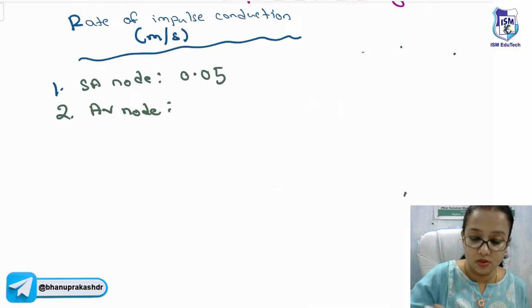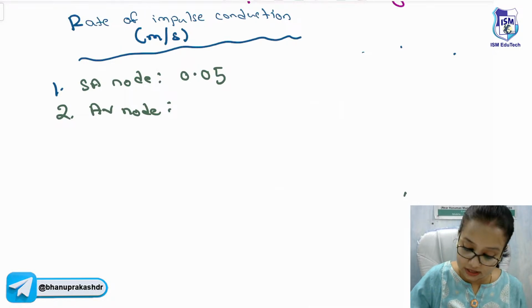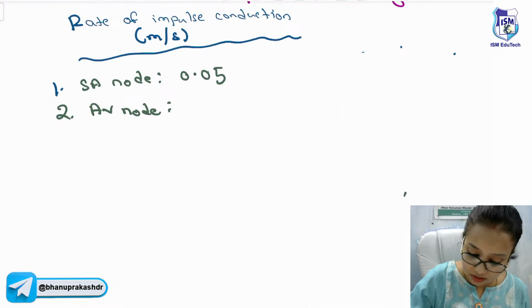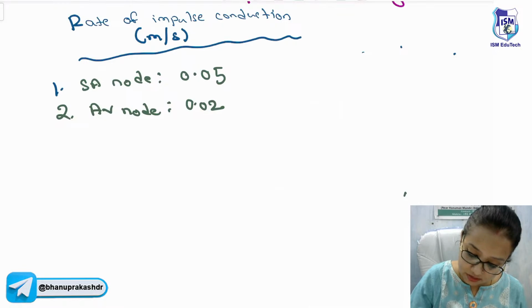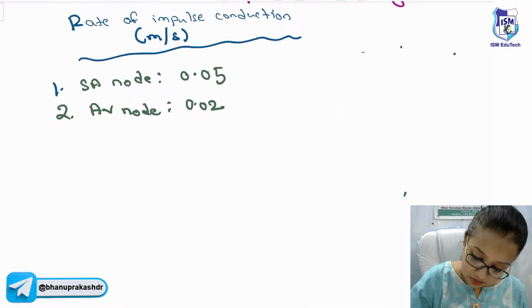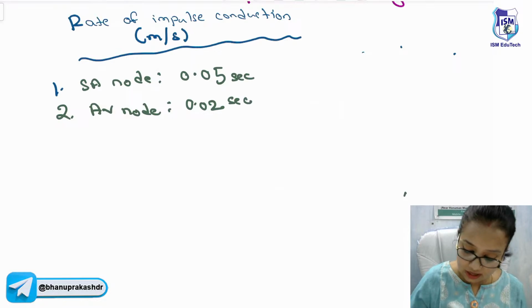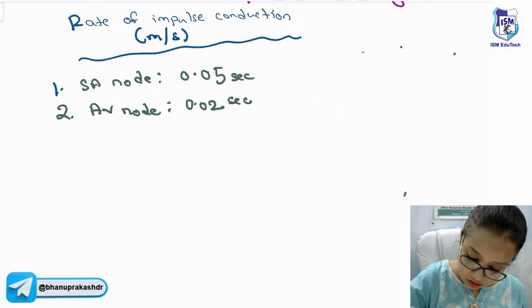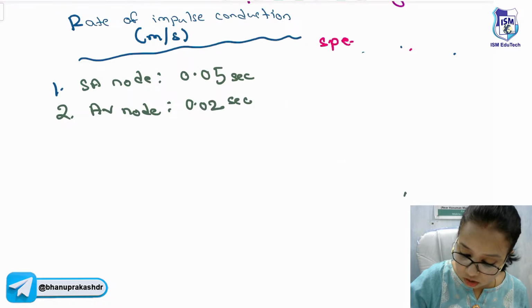Okay. Now, next from AV node, the impulse that gets conducted, it takes the least time, the minimal time, which is about like 0.02. Okay. It takes the very, very least time. The unit we use here is the second. Okay. This is the time we are talking about. Here on the side, we are going to write the speed also.